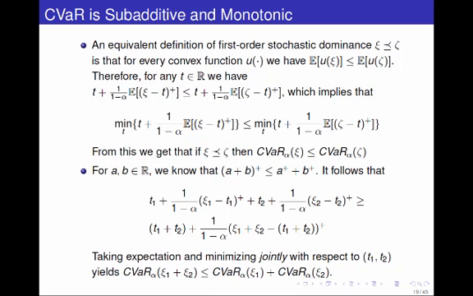In our case, the convex function u is xi minus t, positive part, for some fixed t.